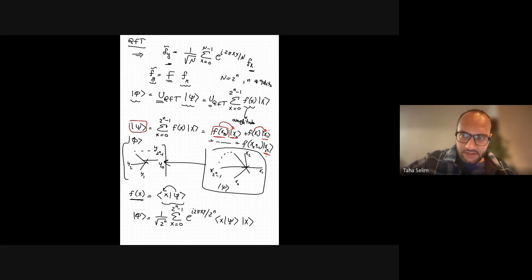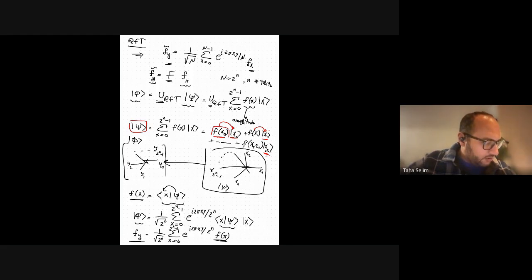So now that's what we have. So this is our amplitudes, and then we can write that the amplitude of this one, which is F y, will equal 1 over root square of 2 to the power n, sigma x starts from 0 to 2 to the power n minus 1, e to the power i 2 pi x y divided by 2 to the power n, and then we have f of x.